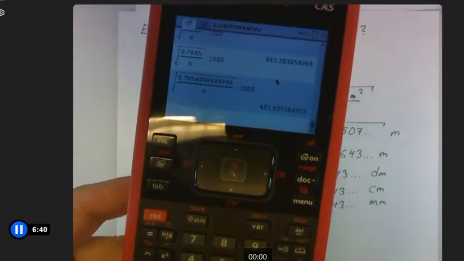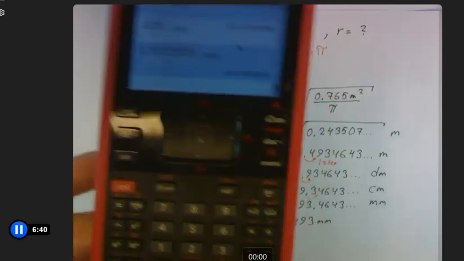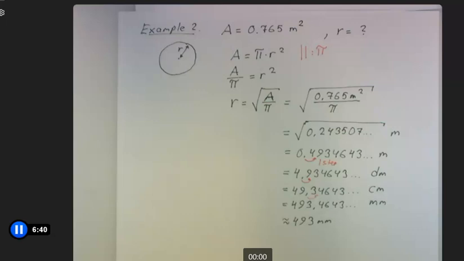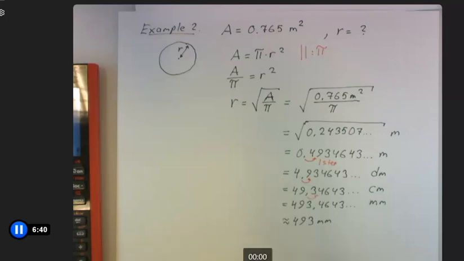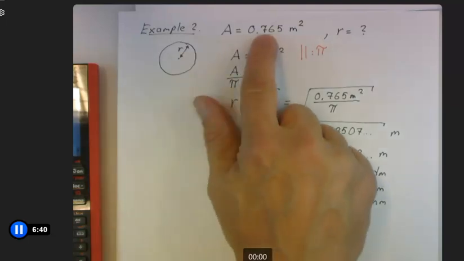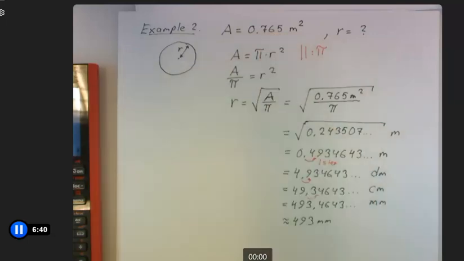Actually, this would be rounded to 494. Yes, so this is actually not the correct one. We don't actually know for sure that it is 493 in three figures, but mostly we get the correct rounding when we are using the same amount of figures as we had in the starting value problem.